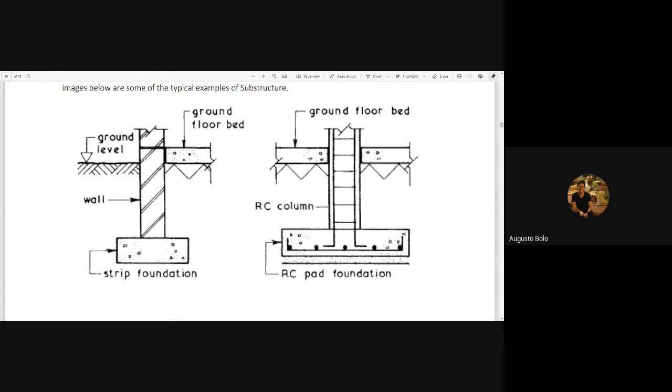So the images shown on your screen are examples of what are parts of the substructure. Foundation nakalagay dyan is strip foundation, although on the other hand, we have the RC pad foundation. We have lots of types of foundation, so I will be showing you later on what are the types of foundation.